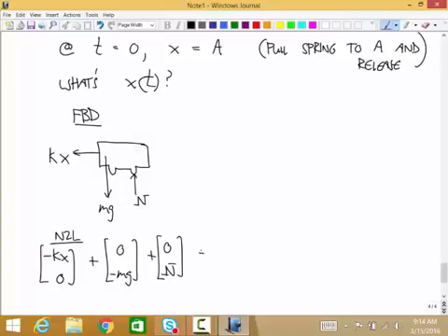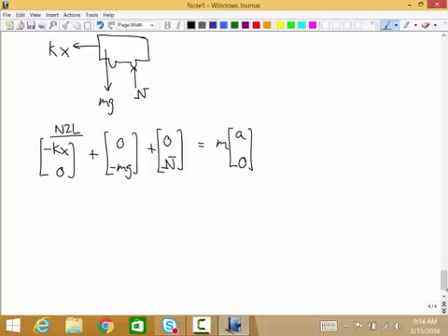It's horizontal. So we'll write this as ma, 0. And now here's the thing that we haven't done. We did a little bit of this kind of thinking at the beginning of the class, but we haven't done it much recently. That acceleration is the second derivative of the position with respect to time.